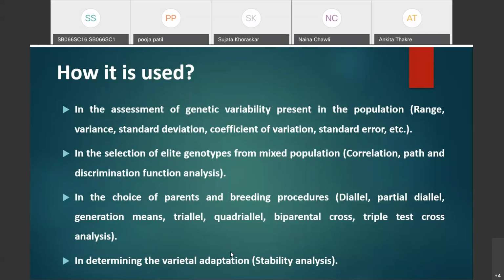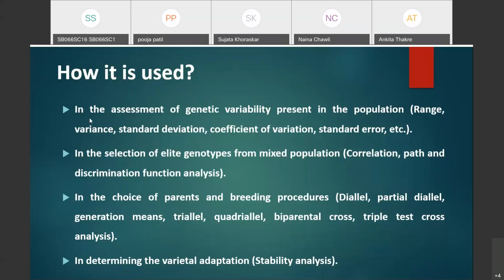The branch which is helpful for this is called biometrics or biostatistics. The numerical data which is available should be processed easily, presented, and interpreted well, and it is done by using the different statistical procedures.